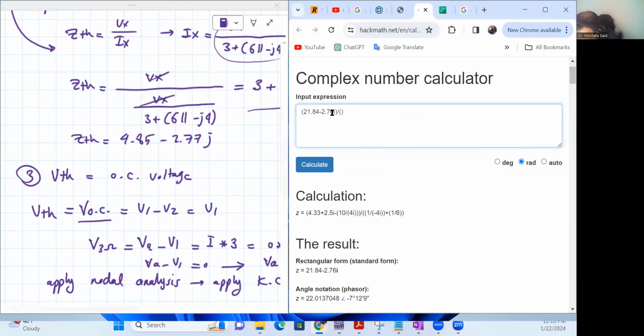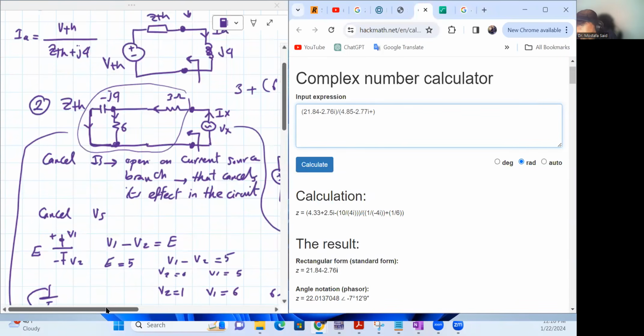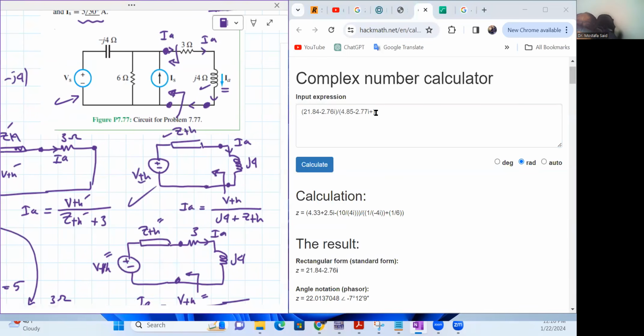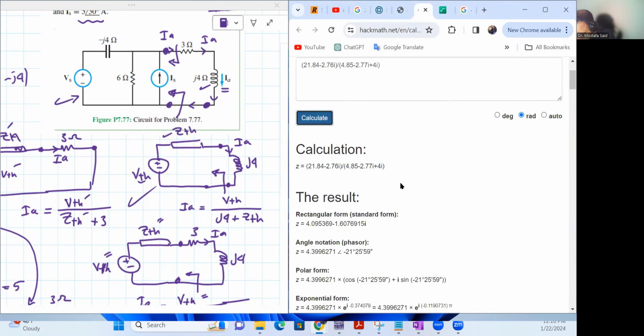Z Thevenin is 4.85 minus 2.77i, plus j4, right? Plus 4i, because we use i here, not j. Calculate. That's the answer.